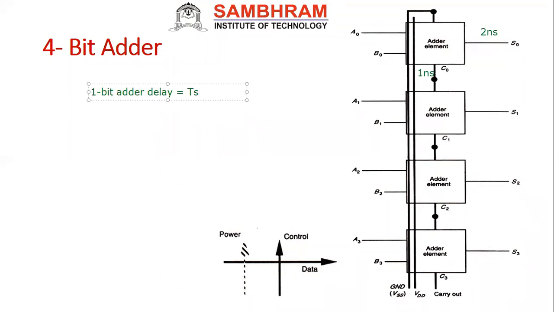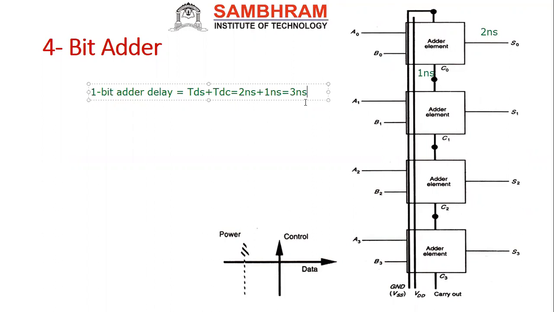It is the sum delay TS plus the carry delay TC. The sum delay plus carry delay is equal to 2 nanosecond plus 1 nanosecond, which is 3 nanosecond. So totally 3 nanosecond of delay is required to complete one adder, to produce sum and carry together.